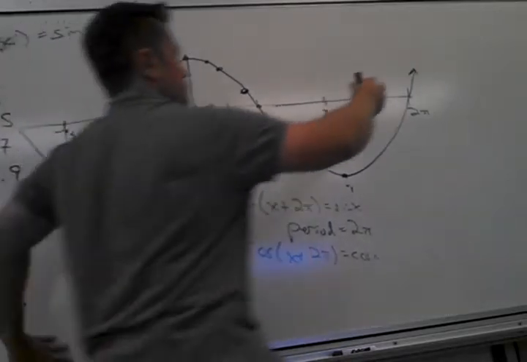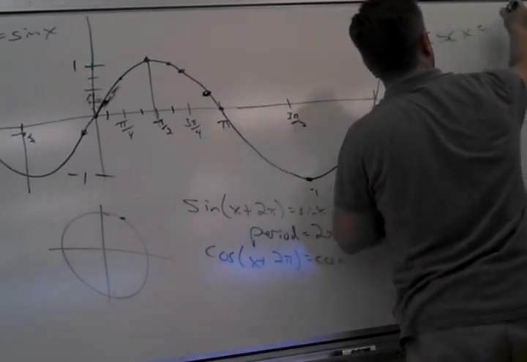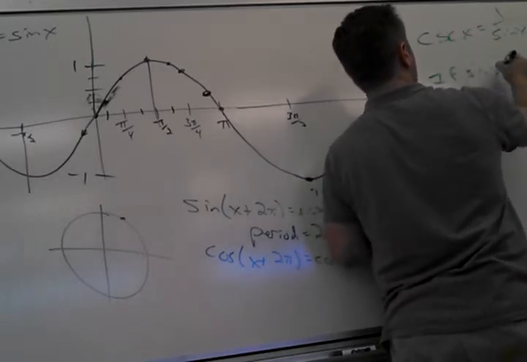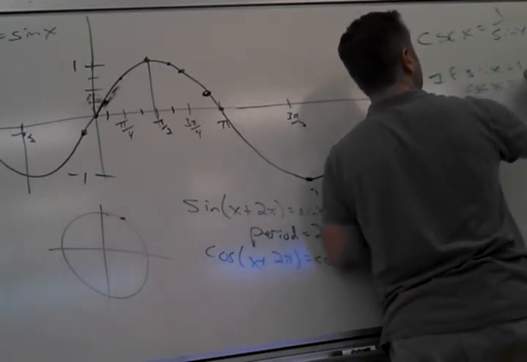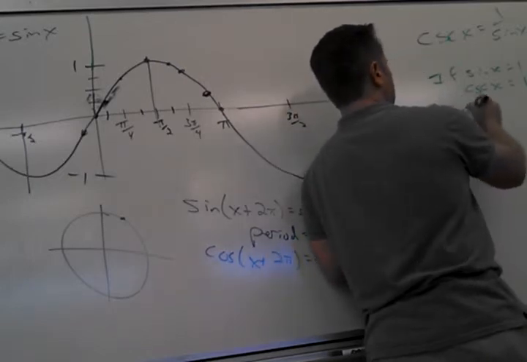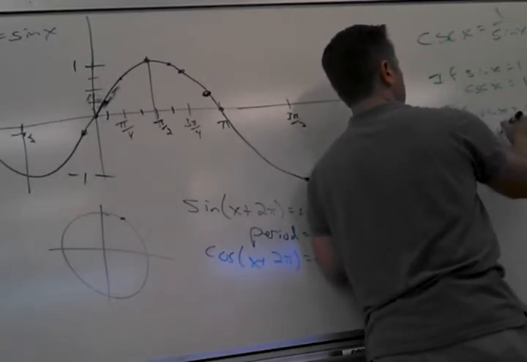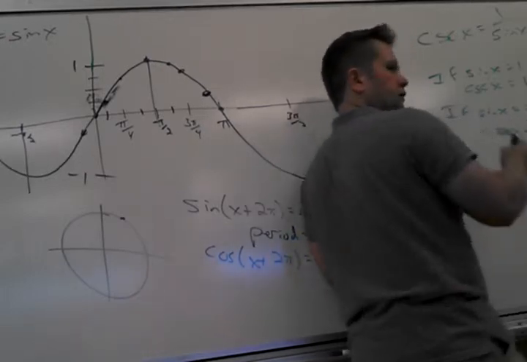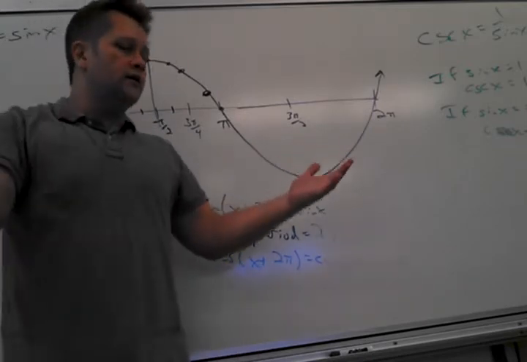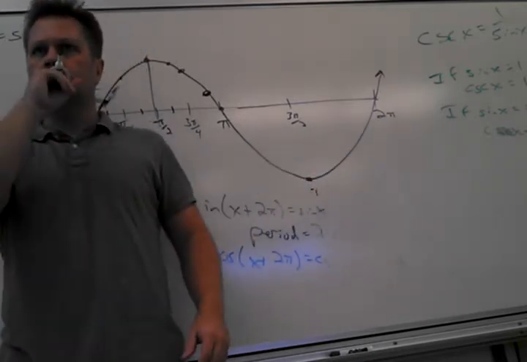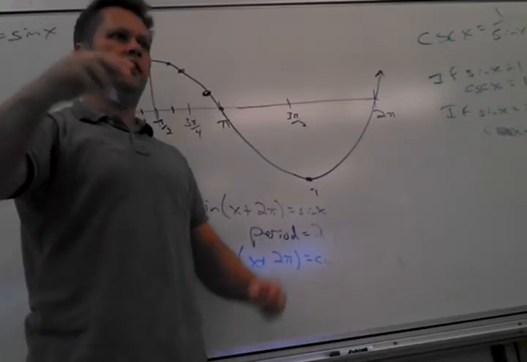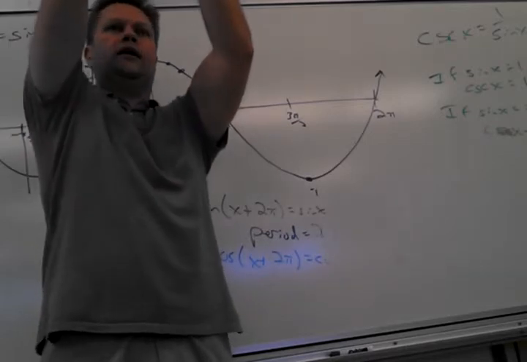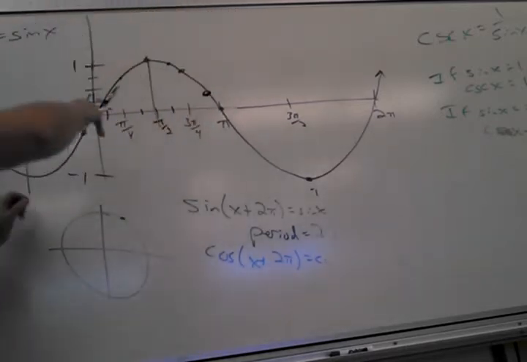So if sine of x is 1, cosecant of x is 1. If sine of x is 0, cosecant x goes to infinity, plus or minus. Right? Undefined. Another way to say undefined is it's infinite. Well, we know better now. It's actually infinity or negative infinity. That's really what undefined is trying to say. There's nothing defined because you can't get there because you're going to infinity right next to it. So what would that look like?